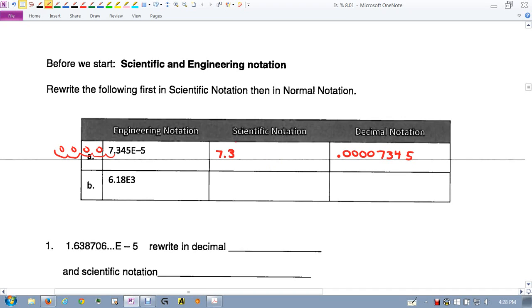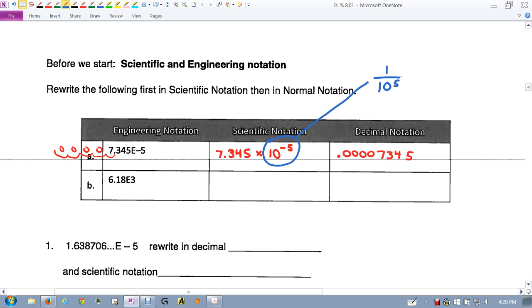Now in scientific notation, what we do is we rewrite exactly what we have, 7.345, but instead of writing E negative 5, we put times 10 to the negative 5. All that 10 to the negative 5 means, everyone, is 1 over 10 to the 5th.